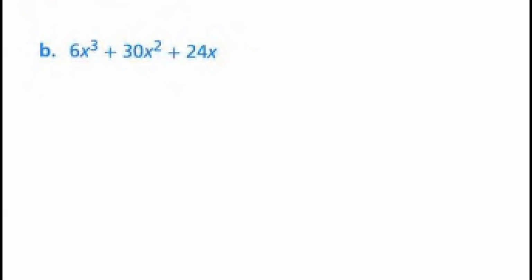When we look at our three terms, 6x cubed, 30x squared, and 24x, 6, 30, and 24 are all divisible by 6. So part of my GCF is going to be 6. And then if I look at my x cubed, x squared, and x, they all have that one x in common. So my GCF will be 6x.